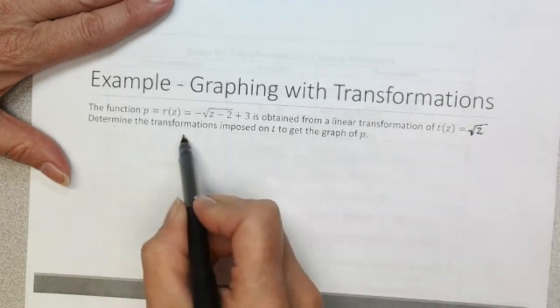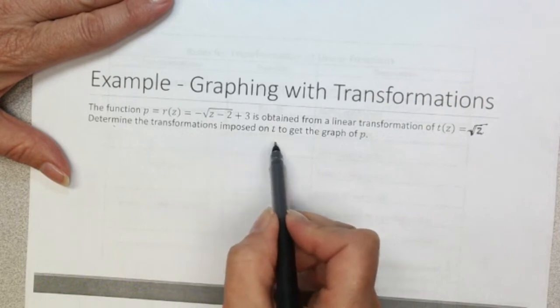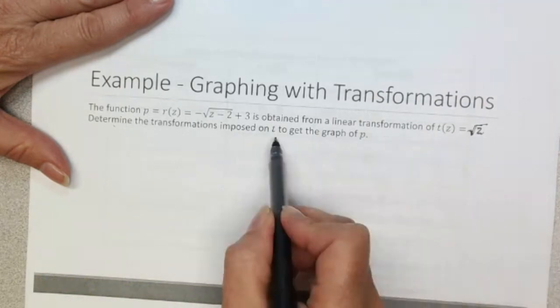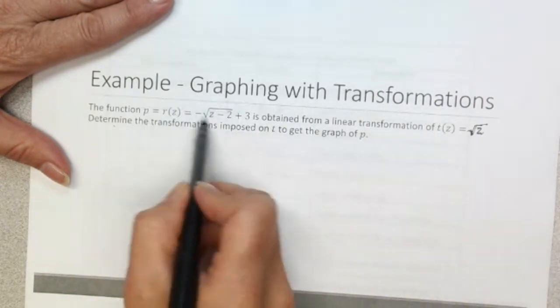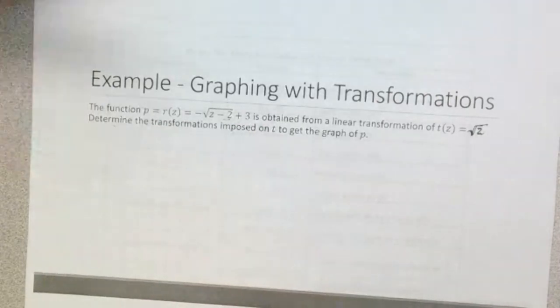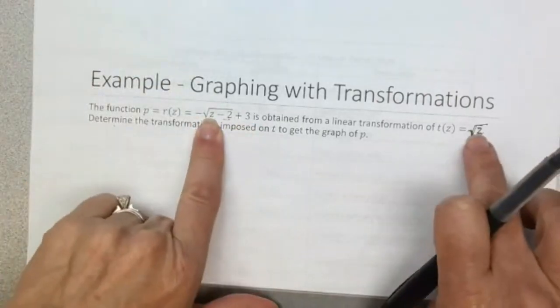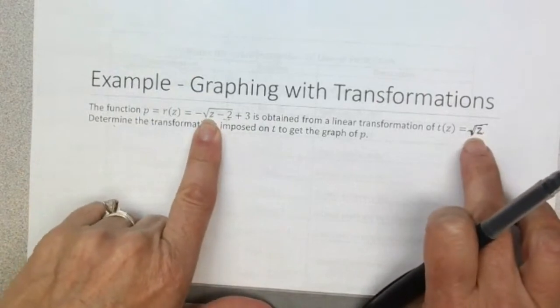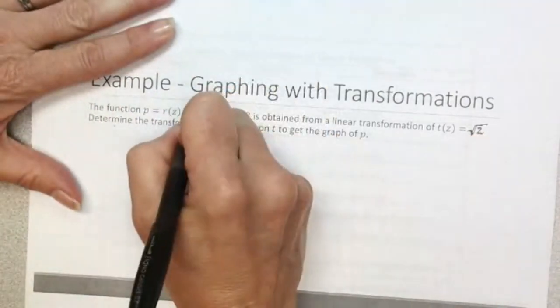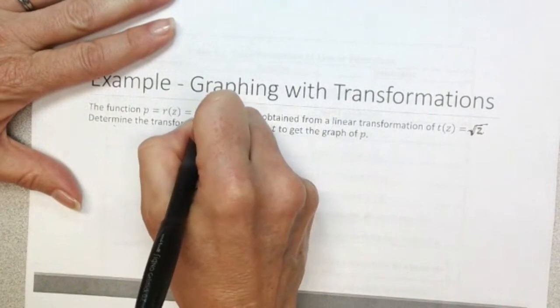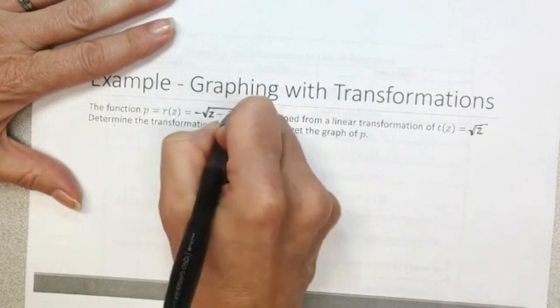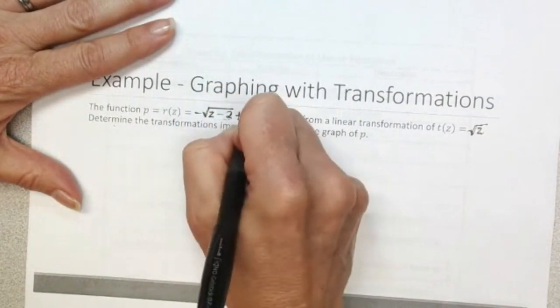Determine what transformations were imposed on t, this function, to get the graph of p, this function. We're just wanting to identify the transformations that we see here when transforming this simple function, square root of z, into this new function, negative square root of z minus 2 plus 3.